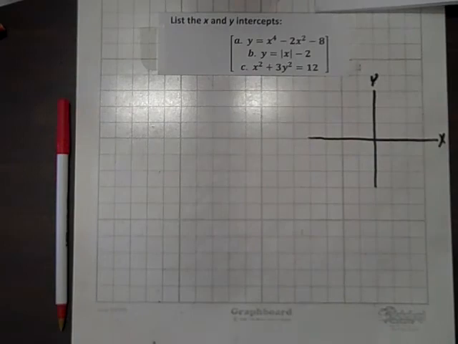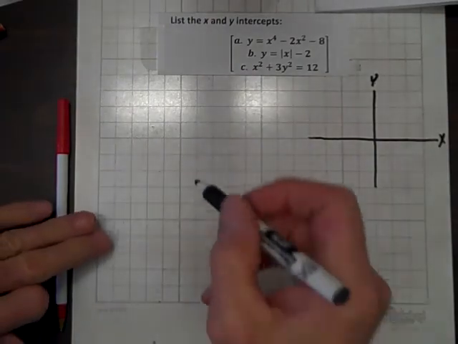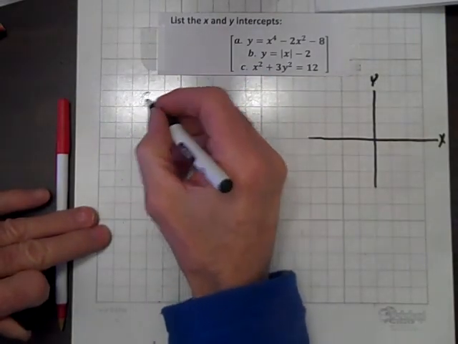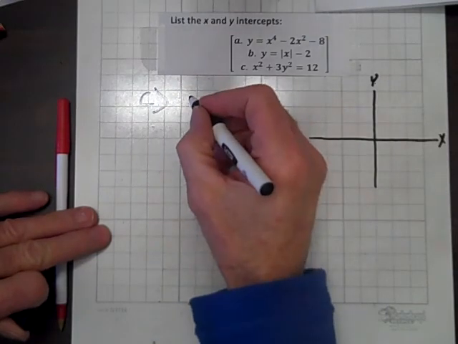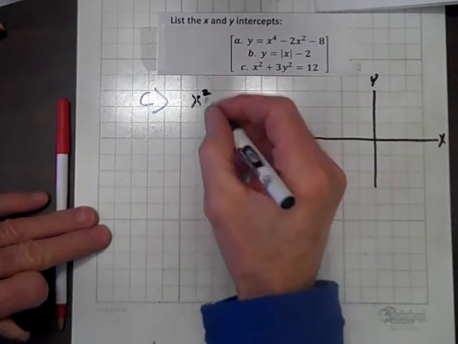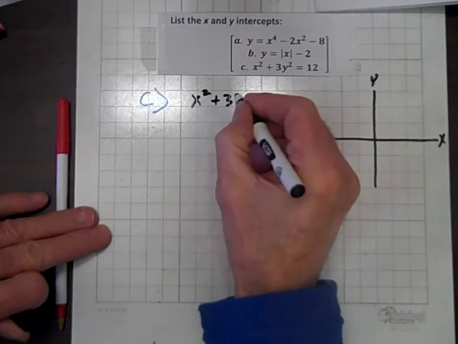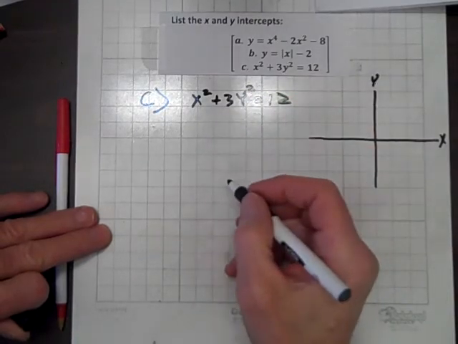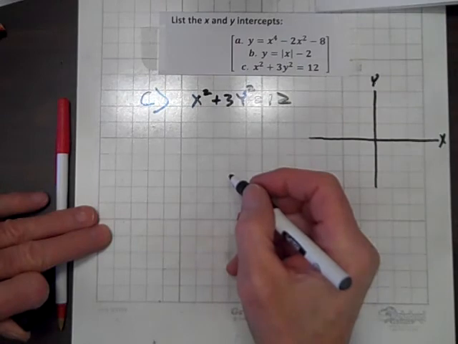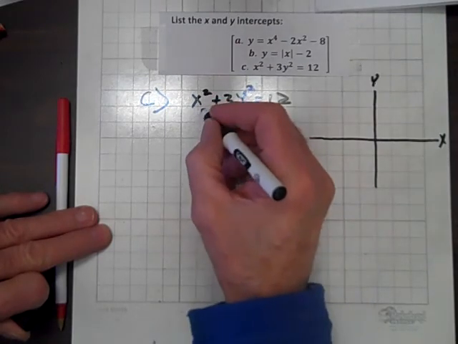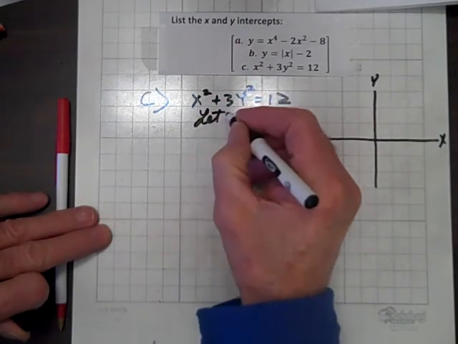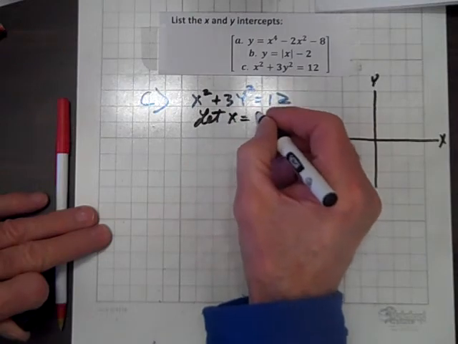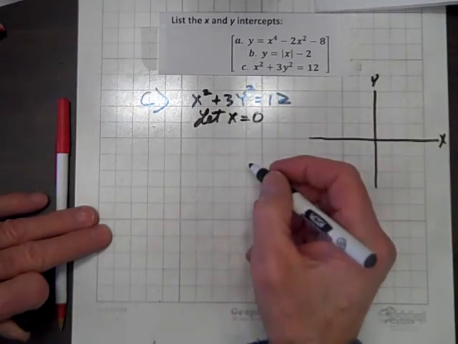Finally, we'll find the x and y-intercepts of equation C. That is x squared plus 3y squared equals 12. So let's find the y-intercepts first. To do that, as always, we'll let x equals 0 and solve for y.